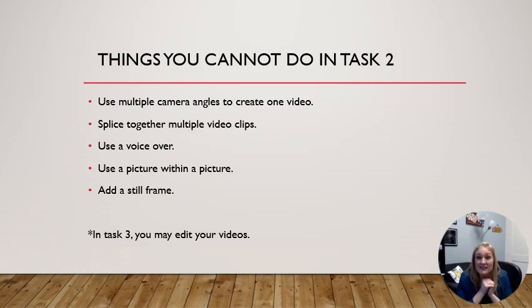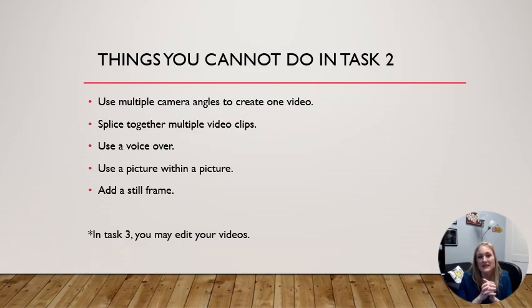Now, in task 3, you can do all of those. In task 3, you edit until your heart's content, as long as it is your original video. But task 2, it's got to be the original video.